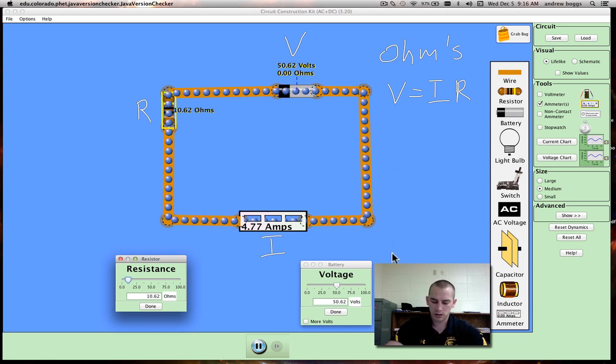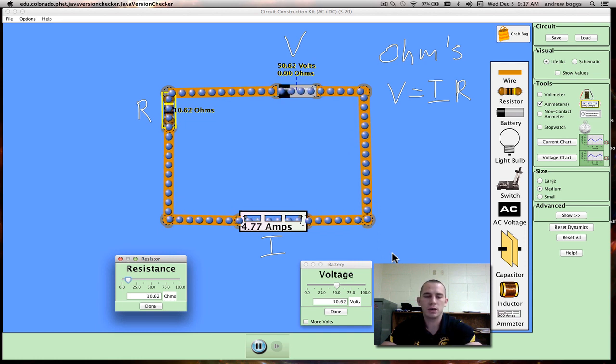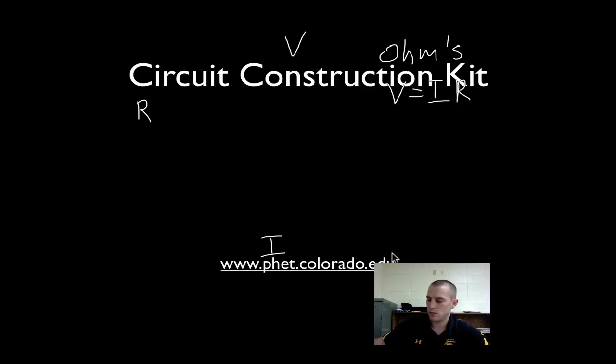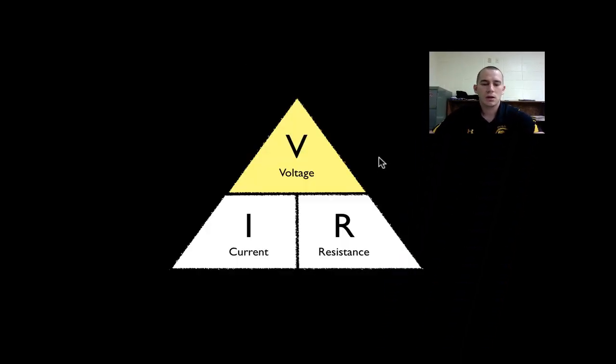To look at that relationship and what to do whenever you get a problem with Ohm's law, let's go back to our presentation. Let's erase this and go to the next one. I like to use this pyramid.